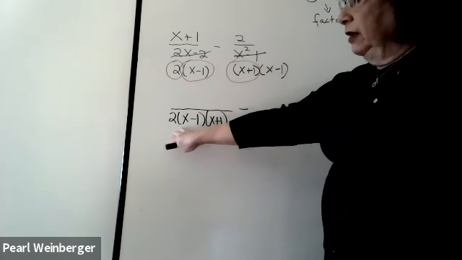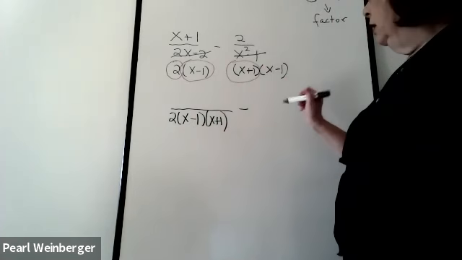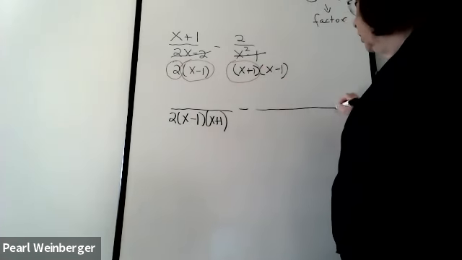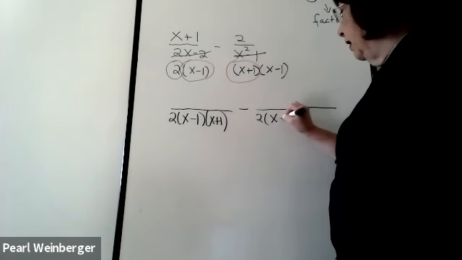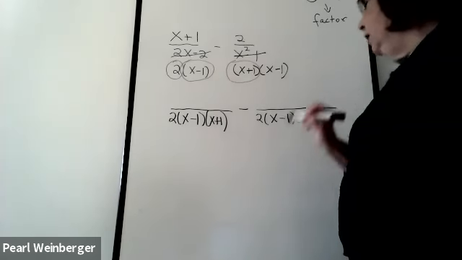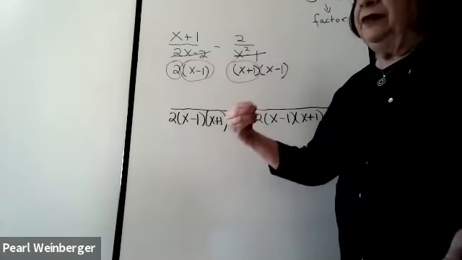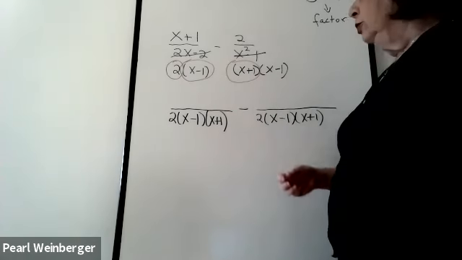And notice when I leave with the common denominator, you leave it in its factored form. It doesn't have to be multiplied back together. You leave it as each of the factors separately. And the reason we do that is because then it makes the next step much easier to do.